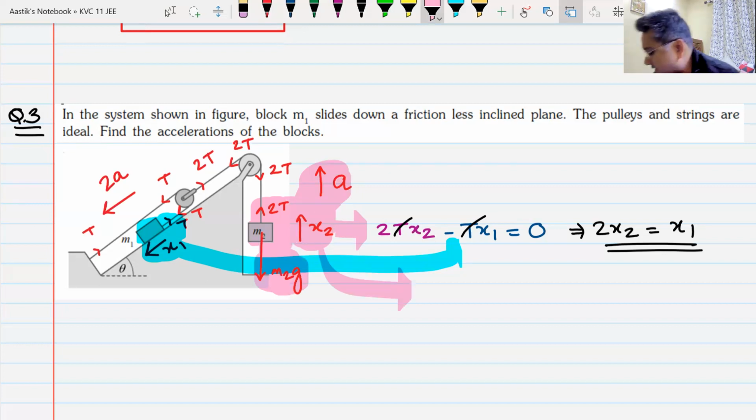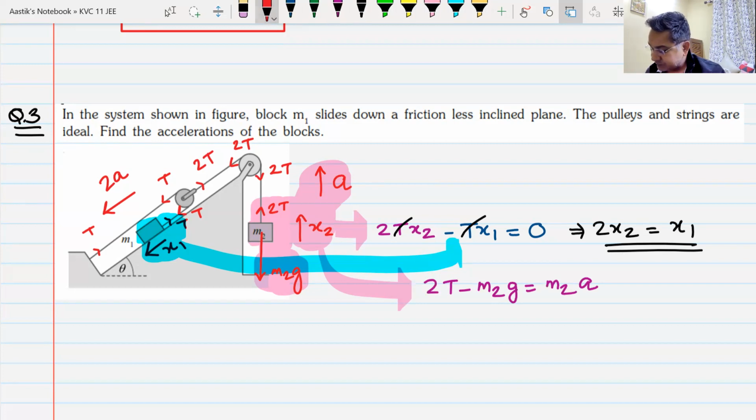And acceleration is upwards. What is the pink equation? 2T minus m2g is equal to m2 into a. That is correct. Now let us move on to the blue block.